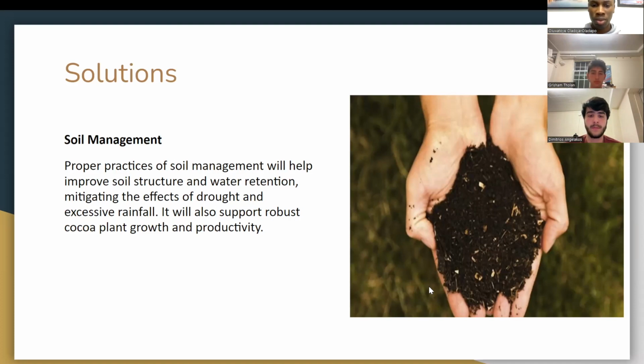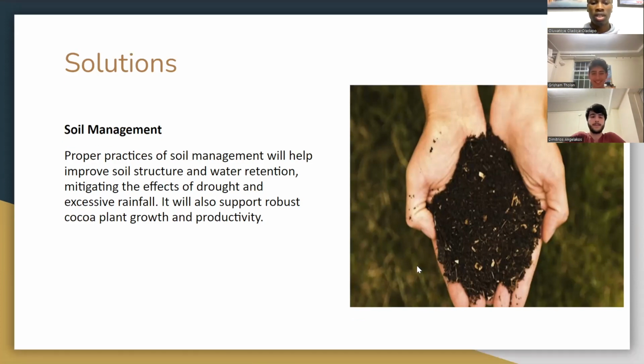Some examples are mulching, composting, and cover cropping. All those will help increase soil health, and it will reduce the effect of the droughts and excessive rainfalls that might affect the crops due to climate change. It would also lead to more growth and productivity for the plant.